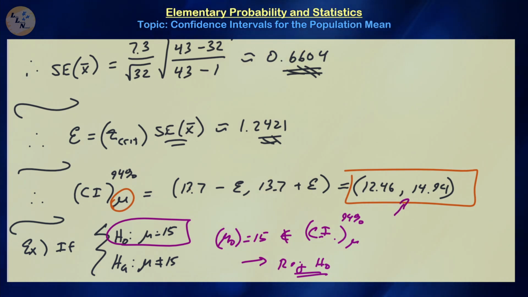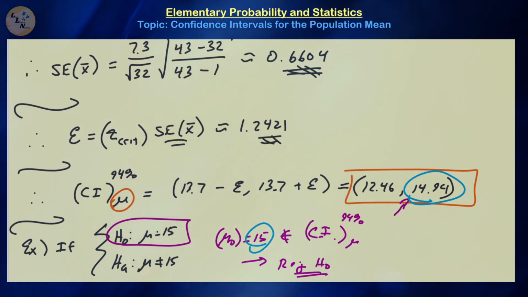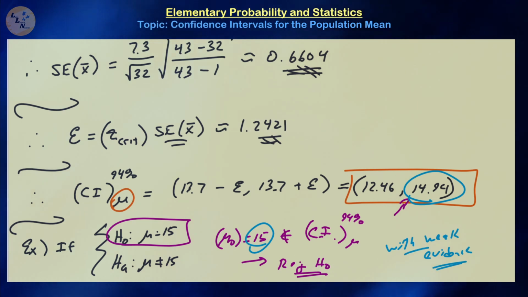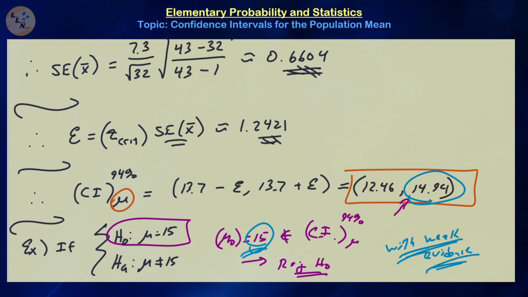Now, it's very important to notice that the boundary point for the confidence interval is actually subjectively close to 15. So some people may append the statement with weak evidence, right? Because the boundary point and the value of 15 are practically equal to each other. So you would probably have some threshold in order to determine what you mean by weak evidence versus strong evidence.